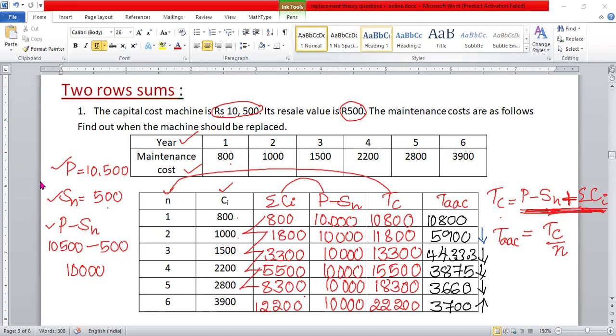Look at that, which is the last minimum? That is the high voltage question. Which is the last minimum, which year did we get? That is called the 5th year. We got the last minimum, that is called 3,660. That is the last minimum. After that, it increases.